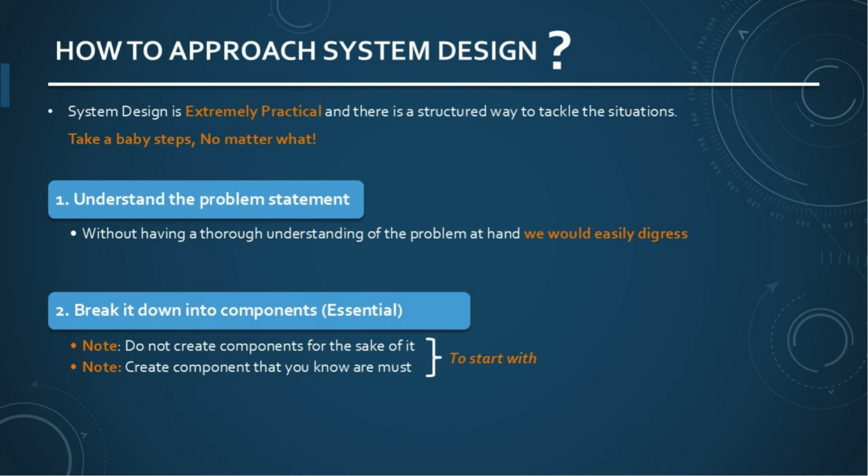Step number 2 is you break the problem statement down into components. It's really essential. For example, let's say someone tells you, hey, let's design Facebook. Now, when someone throws a problem at you that you want to design something as big as Facebook, the first thing that should come to your mind is, what are the features of whatever I'm designing, in this case, Facebook?